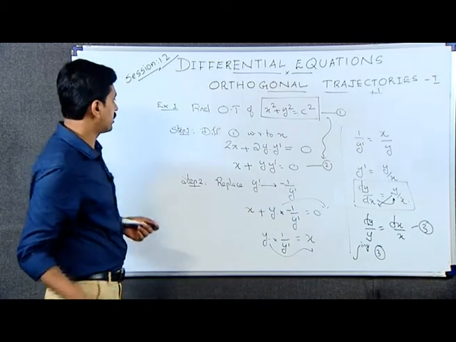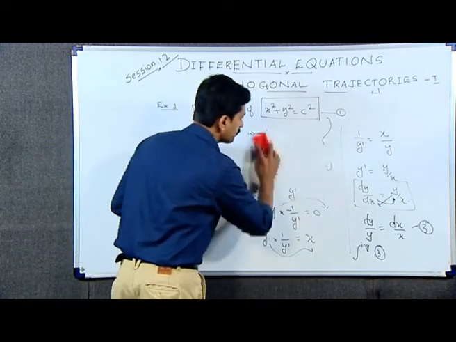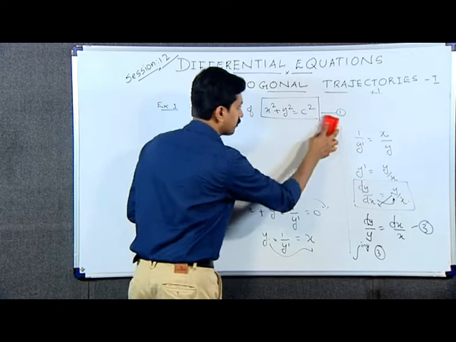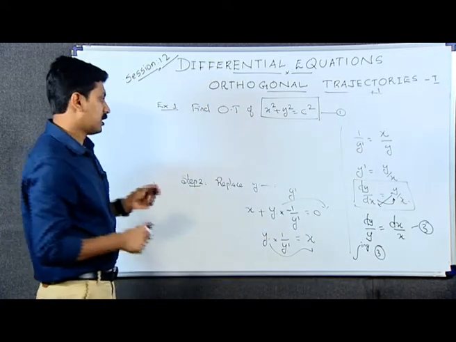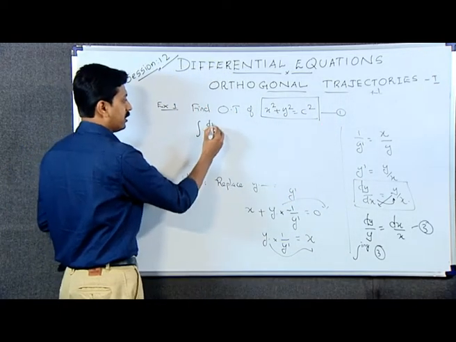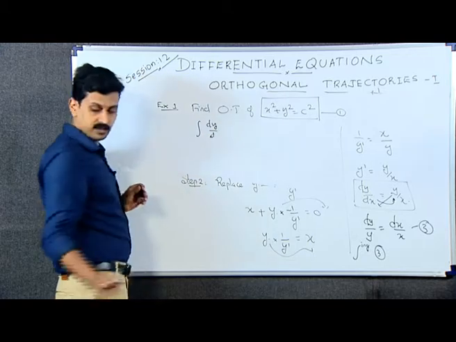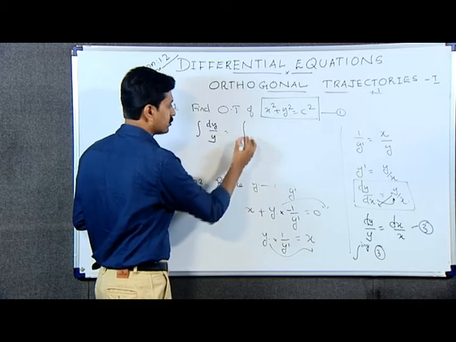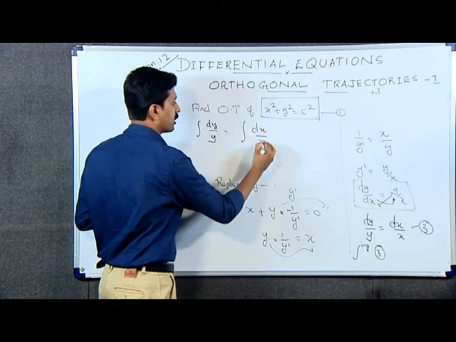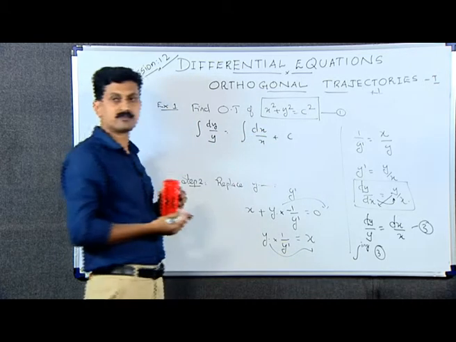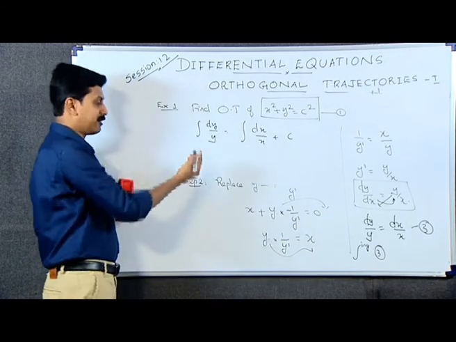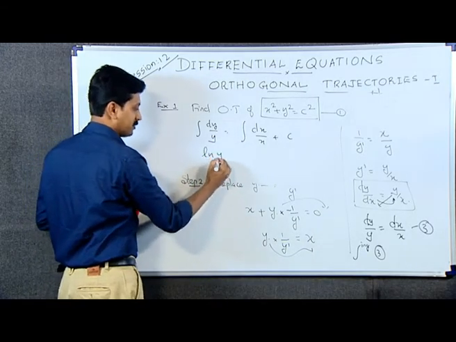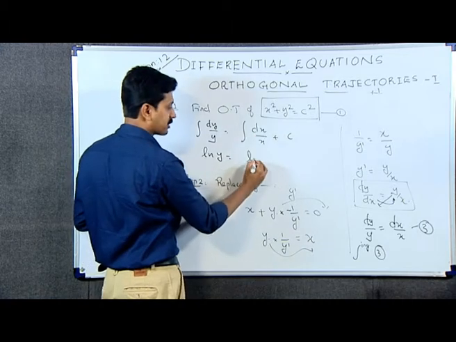While integrating 3, we have the integral of dy by y equal to the integral of dx by x plus a constant. So the integral of dy by y is log y, equal to log x.